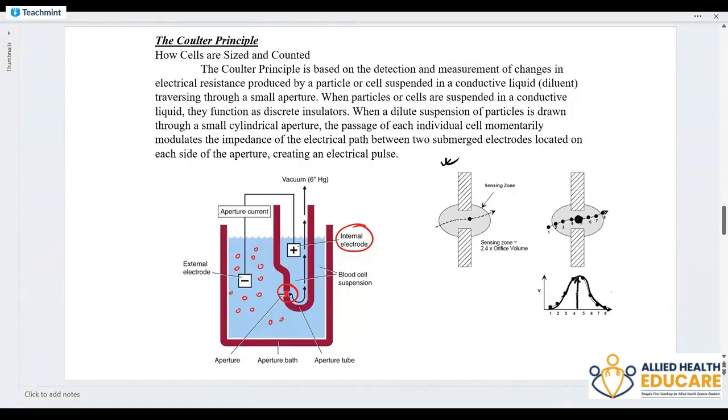As it goes further from the aperture, the pulse ends at the baseline. So this is the principle of how the impedance method works and how the pulse is generated.